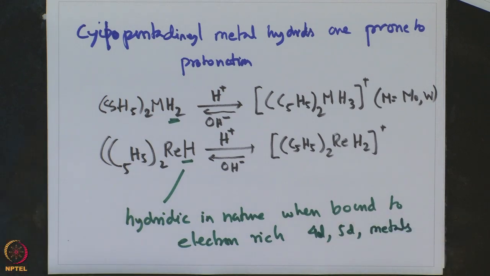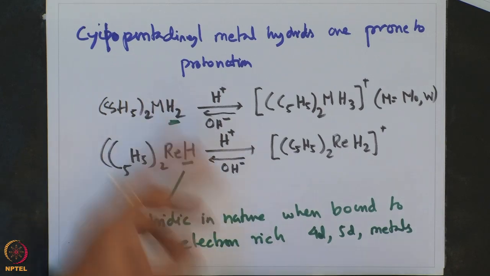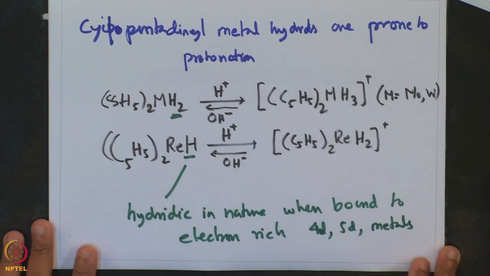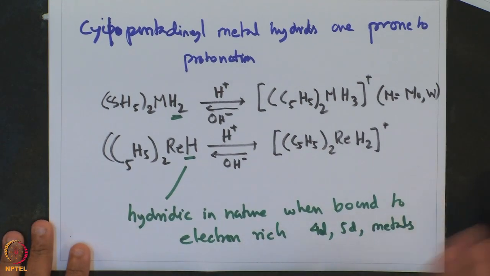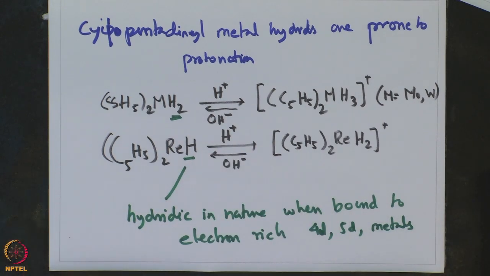So, the electron rich metals make them very hydridic. As a result, they get protonated easily, and this can be observed over here. And once protonated, they form cations which can be deprotonated using a nucleophile such as hydroxide ion.